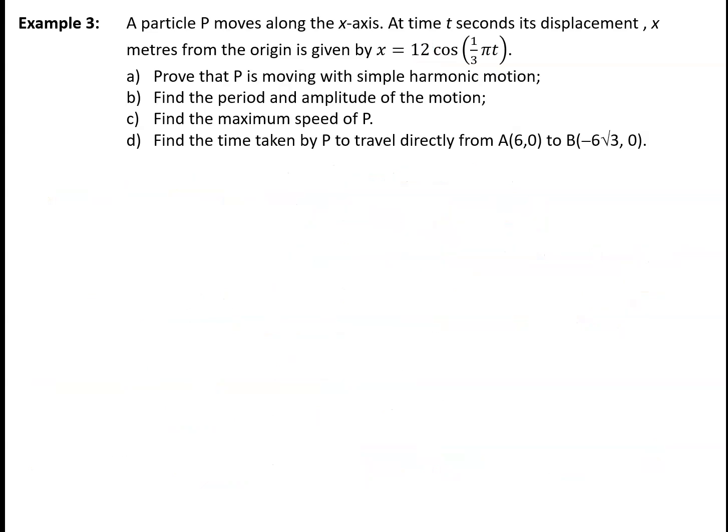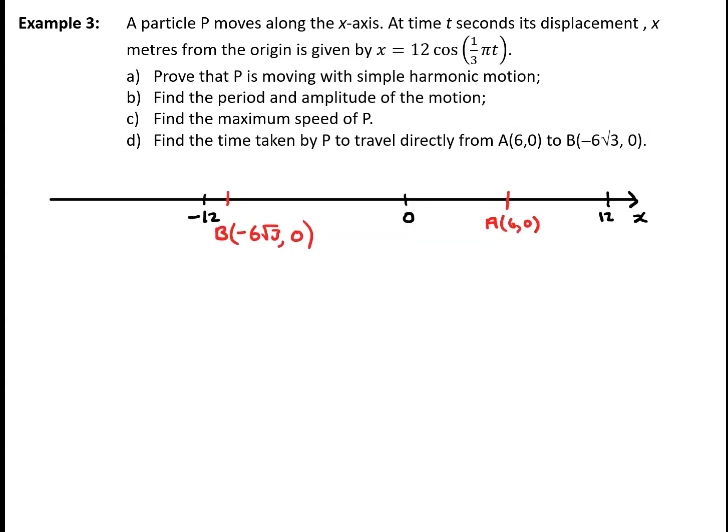So that just leaves part D to do now. We want to find the time taken by P to travel directly from the point A (6, 0) to the point B (minus 6 root 3, 0). Now we know that at t equals 0, the particle is at x equals 12.